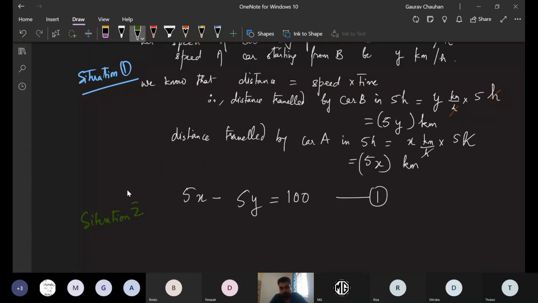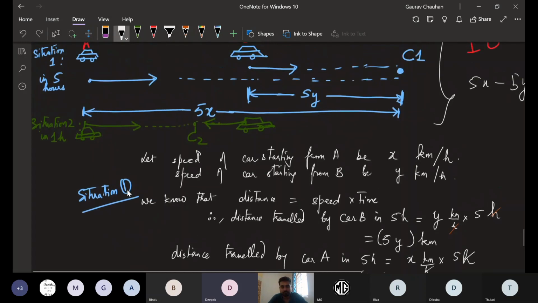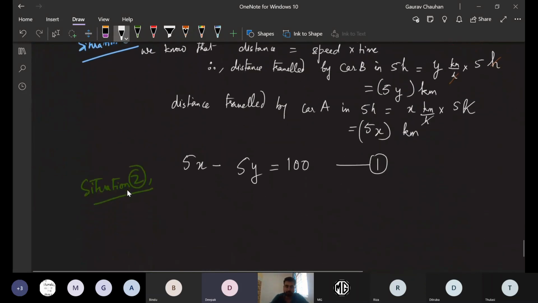Tell me, Deepak. Sir, we'll draw a diagram. Diagram is here. Okay, sir, so we'll find the distance traveled by car A in 1 hour. How much is that? 1x, sir. Perfect.